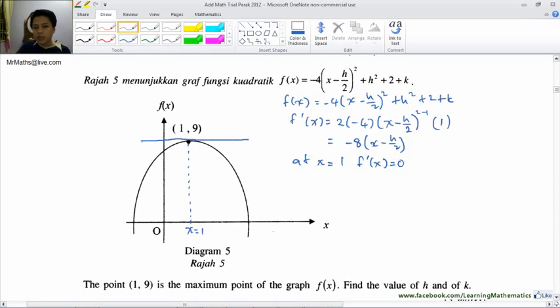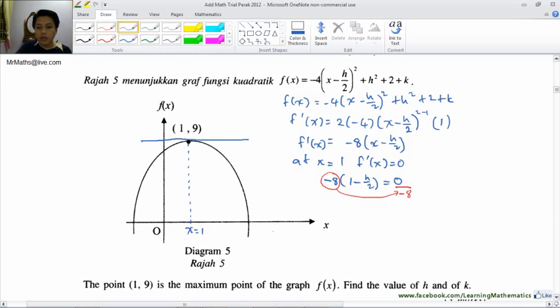So that means, let me just complete here. F prime x means minus 8, 1 minus h over 2 is equal to 0. Okay, then what do we do? We do this next. The x, if we go over to the other side, because x now is numerator, we transfer it to the left hand side, it becomes denominator minus x, so it becomes 0.